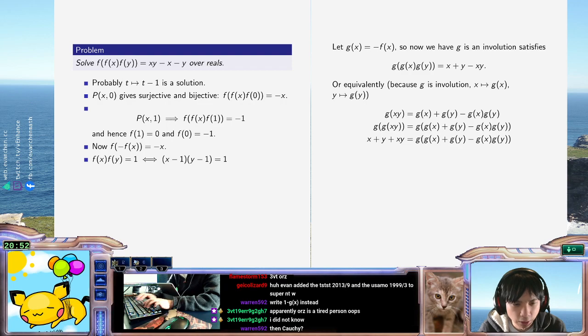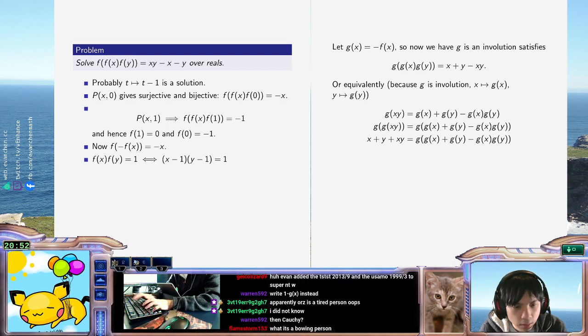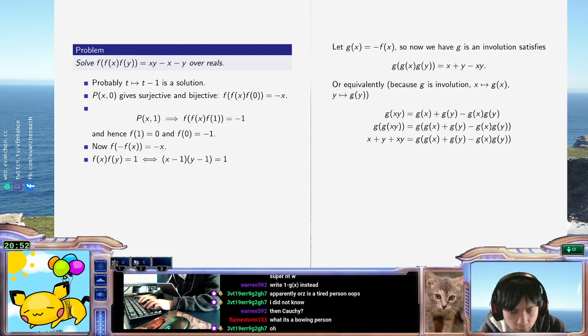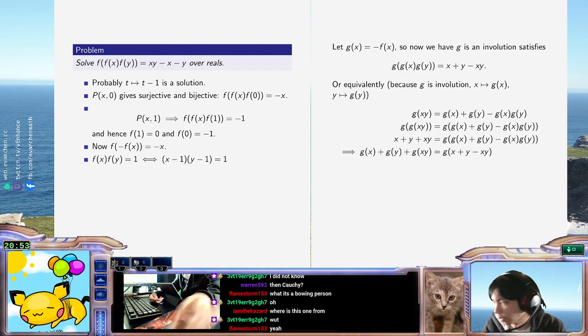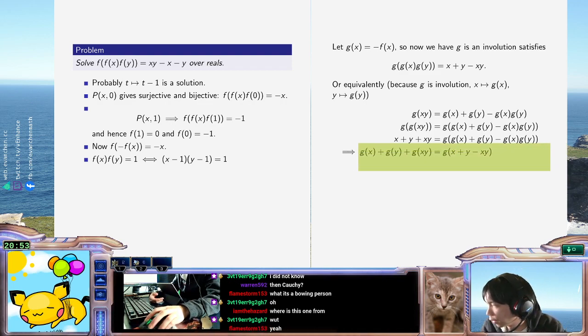And then you do the same thing. So I again replace x and y with the thingies, and now I have this.